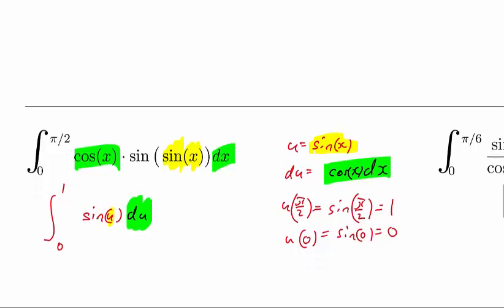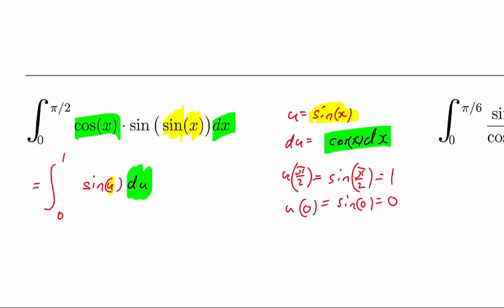So let's go ahead and evaluate this. So we've got cosine of u. Now if I take the derivative of cosine, what do I get? I get negative sine. So I need to put a negative right there. And we are going from u equals 0 to u equals 1.